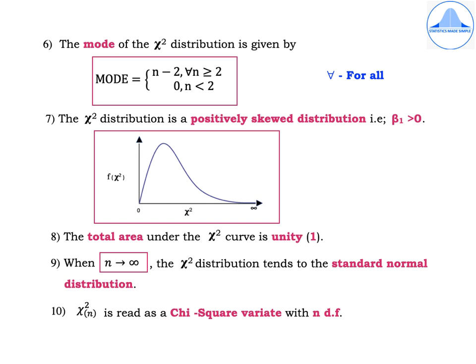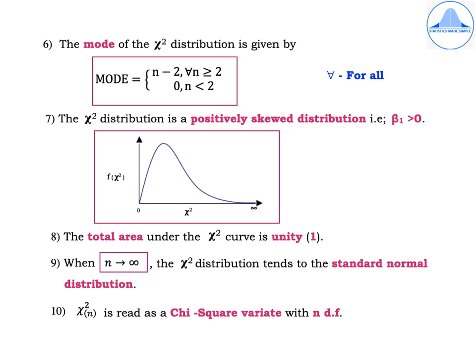The seventh property, the chi-square distribution is a positively skewed distribution. So what is a positively skewed distribution? The right tail will be longer than the left tail, and a measure for skewness is beta 1, and for a positively skewed distribution beta 1 will be greater than 0. So I have shown it in terms of the curve.